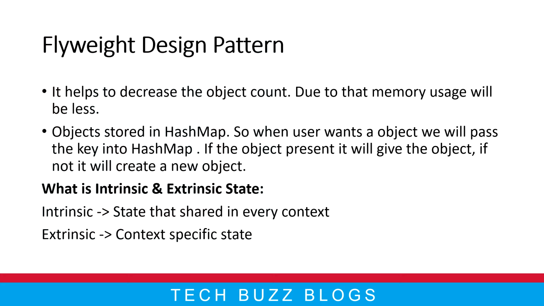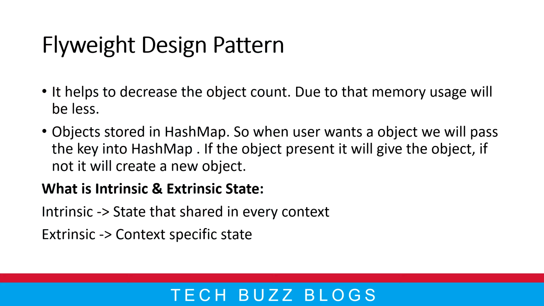If you are copying 10 contexts from the same object, the shared state is the same. Extrinsic is the employee context-specific state. Here each employee ID and employee name belong to that particular employee object only. That is not for the whole company concept. Each and every employee object has its own specific state. That is what we call extrinsic and intrinsic.